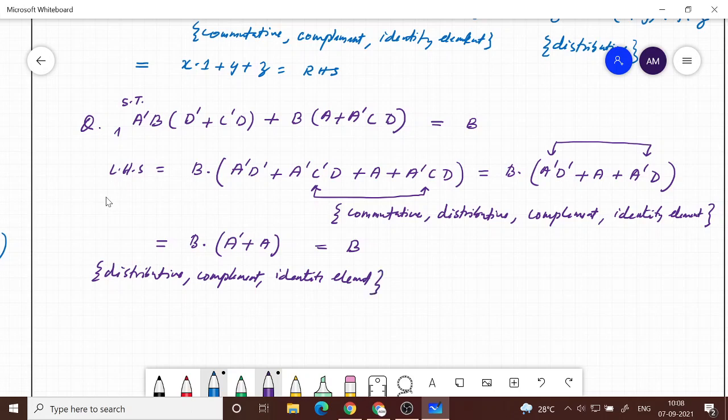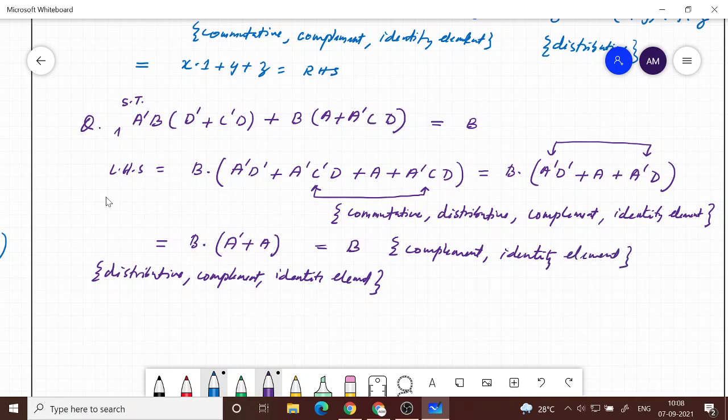And then that is equal to B. Here also I used the definition of complement, then identity element.